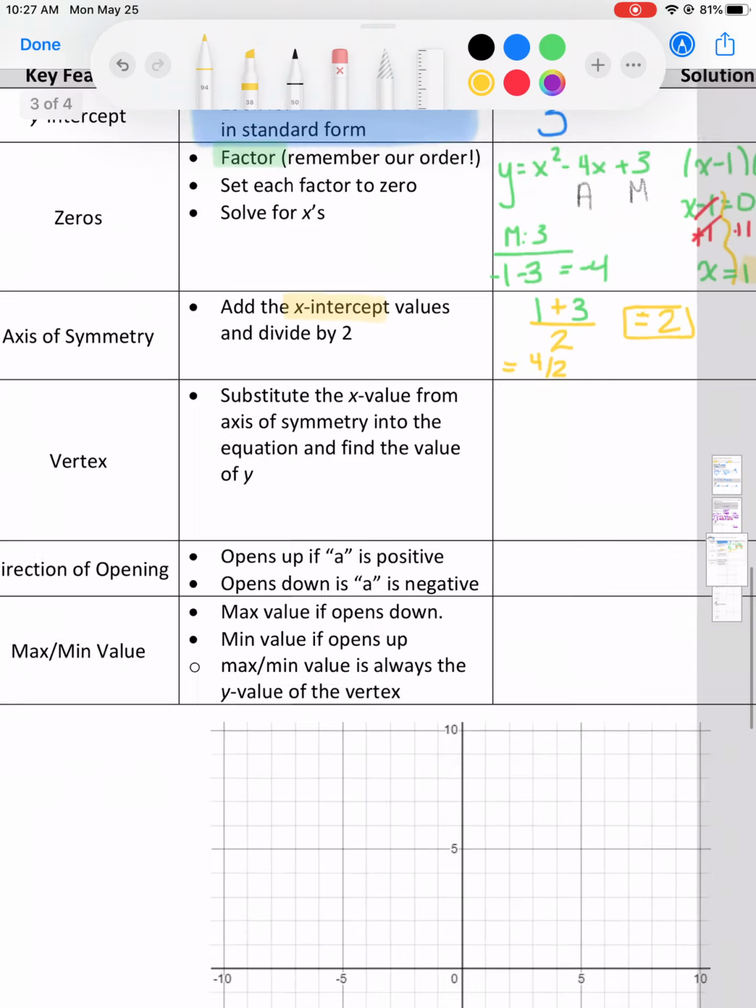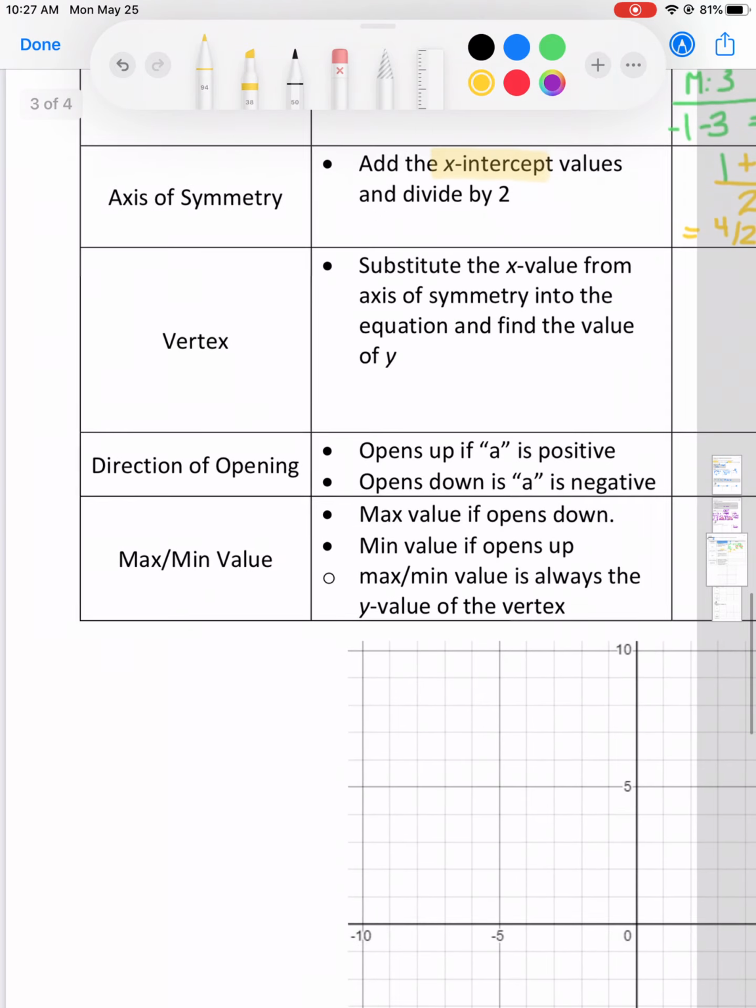Substitute the x value, the vertex. Go into red. Substitute the x value from the axis of symmetry. So again, axis of symmetry, that value we found to be 2, into the equation to find the value of y.